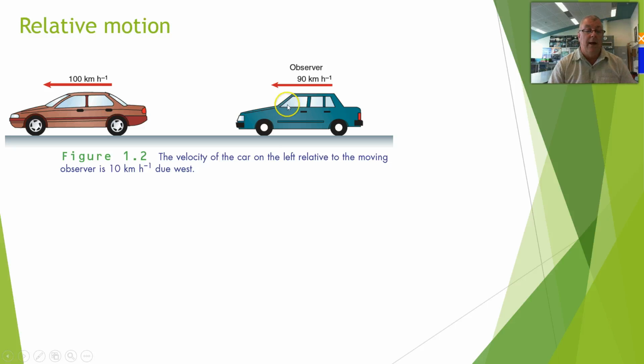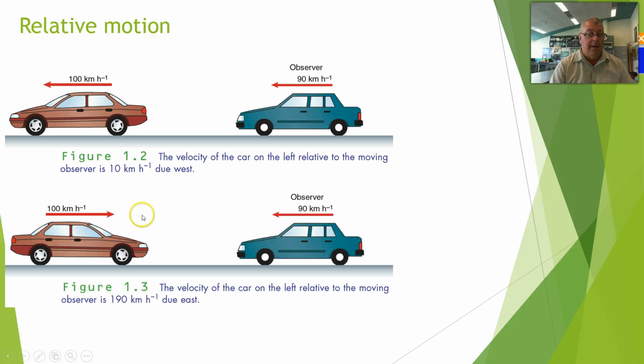So in this case, the observer is in this car, which is travelling at 90 kilometres an hour. And so this car, which is travelling 100 kilometres an hour, the relative velocity to the observer is only 10 kilometres an hour west. Okay, so that's what we mean by a relative motion.